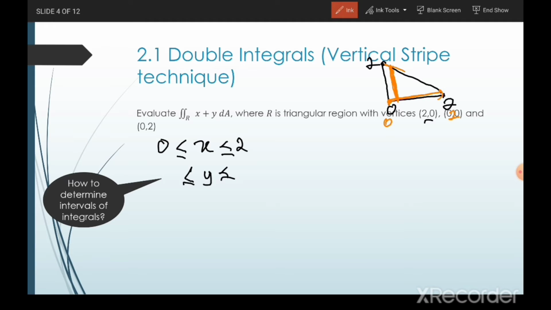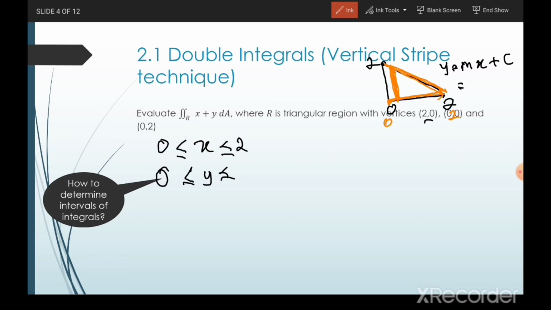So for y, it is between the line y equal to 0 and another line. We need to find the equation for that line, so we can use y equals mx plus c. How to find m?